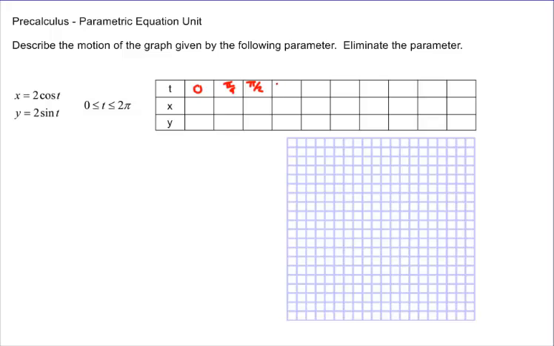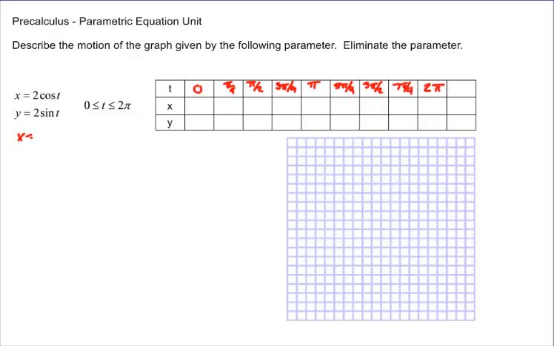So it's going to look like this. And to get my x-coordinate, I'm just going to put 0 in.